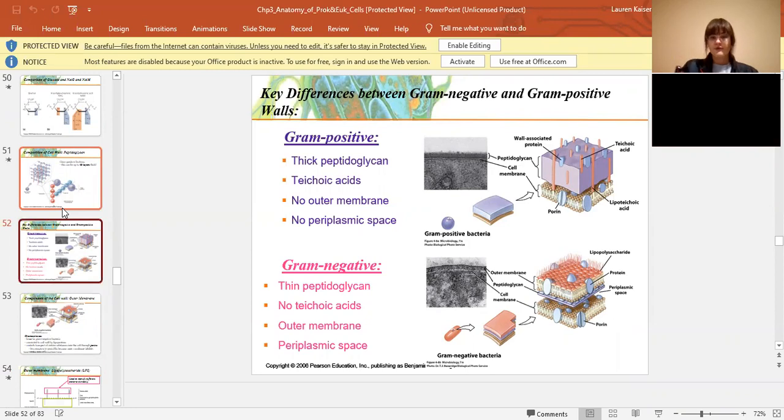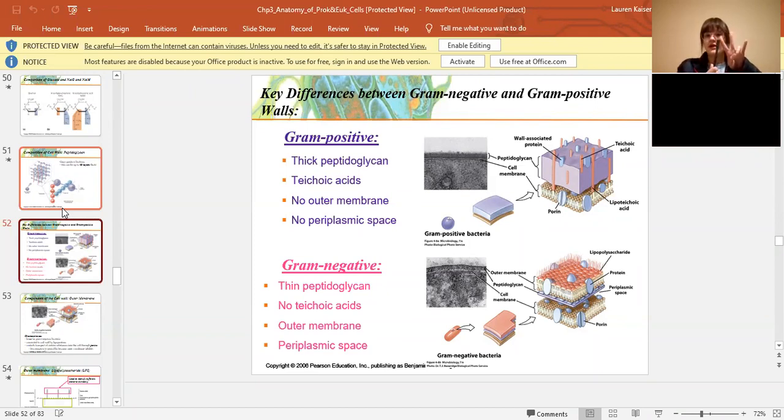We're going to have some major components, right? In gram-positive, we're going to have a peptidoglycan, teichoic acid, and a periplasmic space, but no outer membrane. Those are the 4 components that are going to be found in either gram-positive or gram-negative. So the outer membrane is missing for the gram-positive, right?